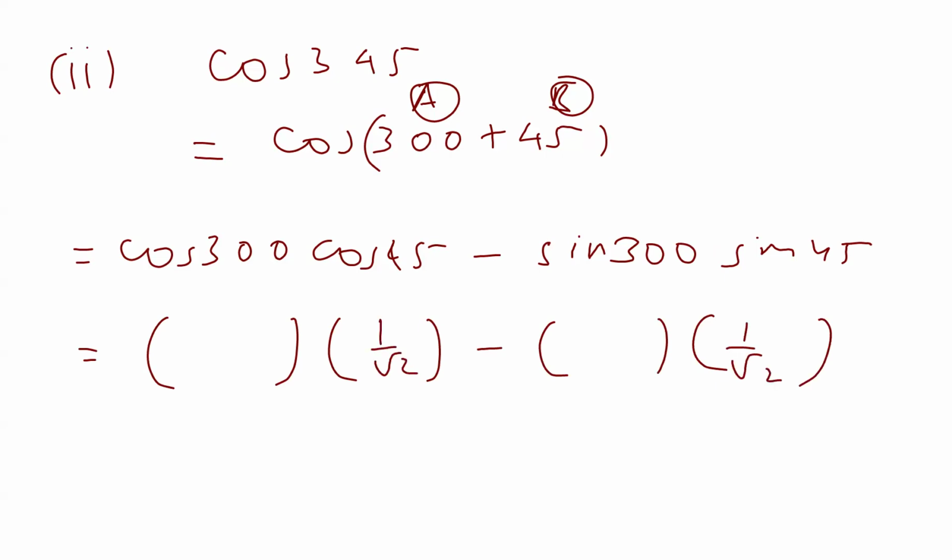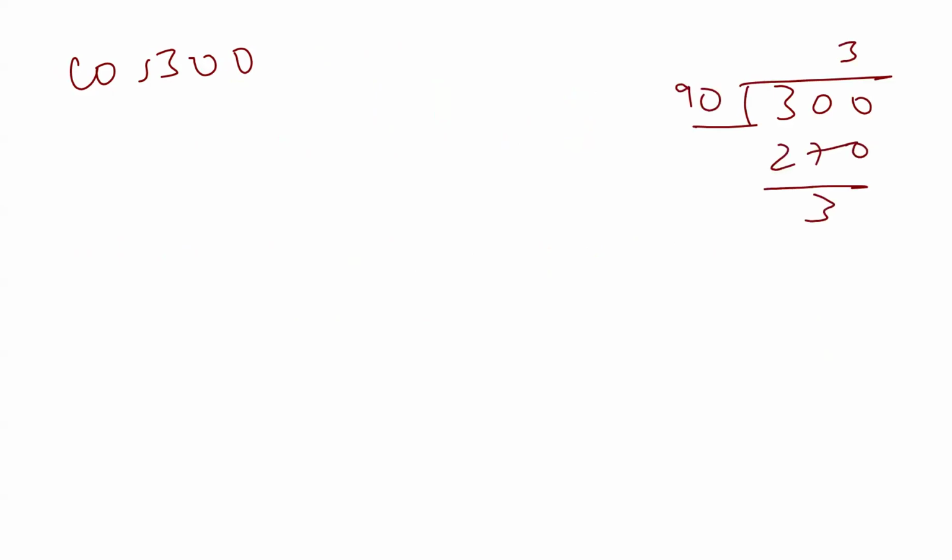Cos 45 is 1 by root 2. Cos 300. 300 divided by 90. 3 nines are 270. Remainder is 30. So cos 3 pi by 2 plus 30.